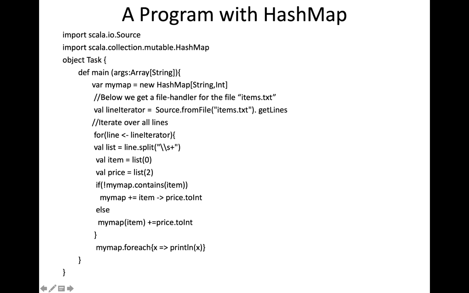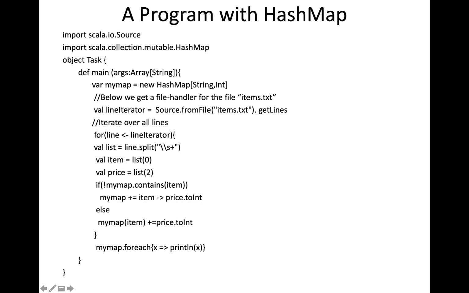And then you can check your map, does it already contain this item? If it does not, which this is the not symbol, then you can add this key value pair. The item is the key and the value is price, which is a string because you are reading from the file, so you can convert that to an integer using toInt, and this is the key and this is the value, and this key value pair is added to this map, right?